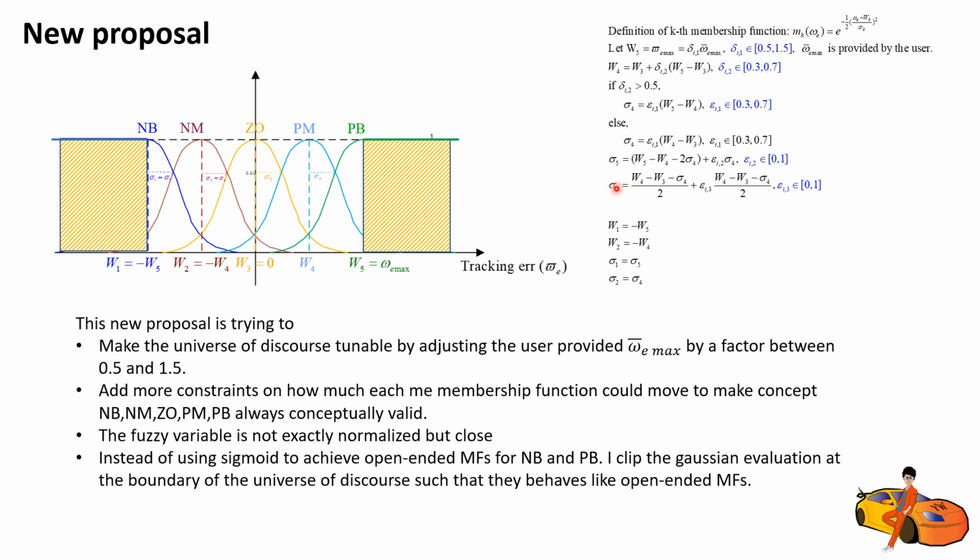And similarly I have this sigma 3 defined by this equation. Similar logic, when this factor is 0, I try to achieve 2 times sigma 3 plus the sigma 4 is equal to the distance between W4 and W3. And when this factor is equal to 1, basically the sigma 3 plus sigma 4 is equal to the distance.